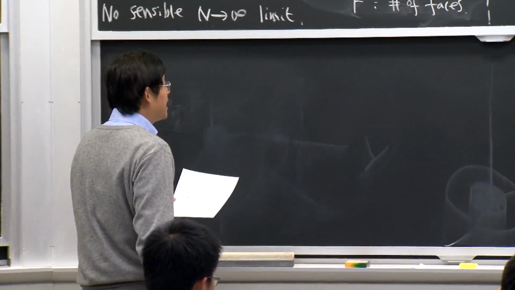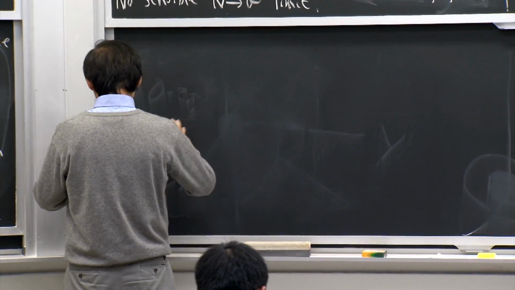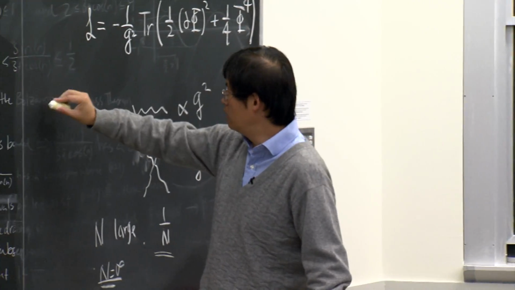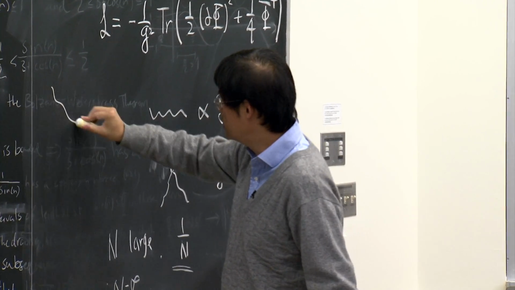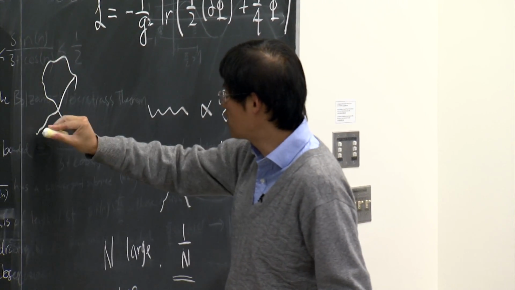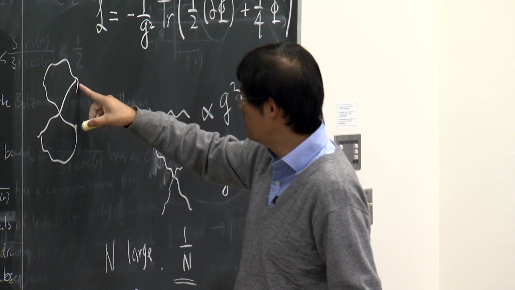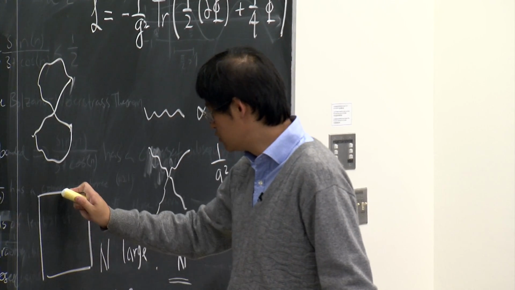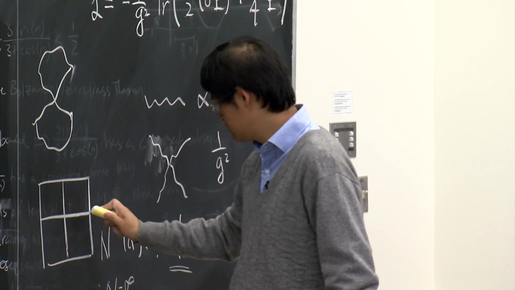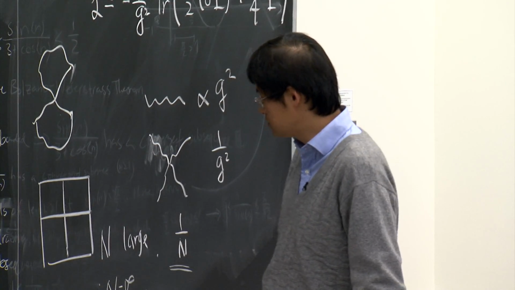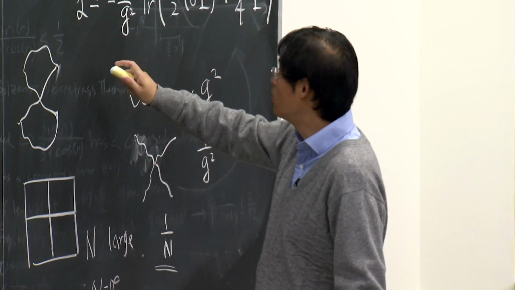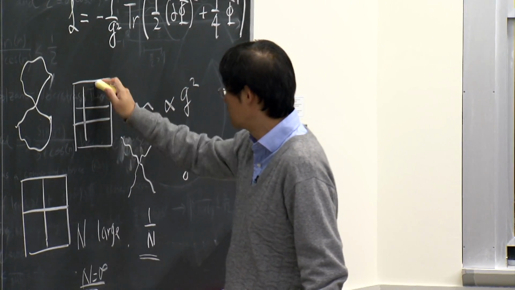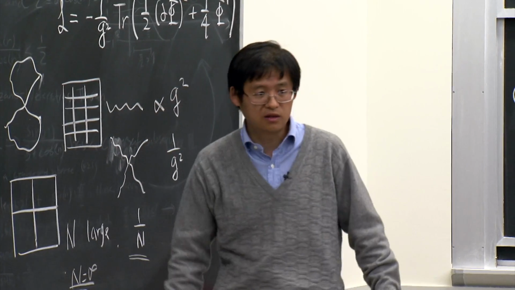First, let me remind you of two diagrams we had last time. So this is the simplest diagram, and there's another non-planar diagram which you can draw on the torus, which is the non-planar version of this, etc. And you can also have more complicated diagrams. Say, suppose you're on the torus, I can consider more complicated diagrams like that. For example, such kinds of diagrams.